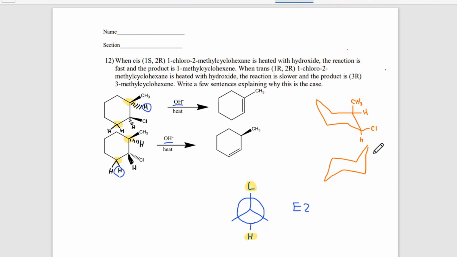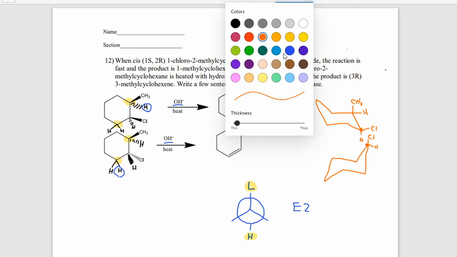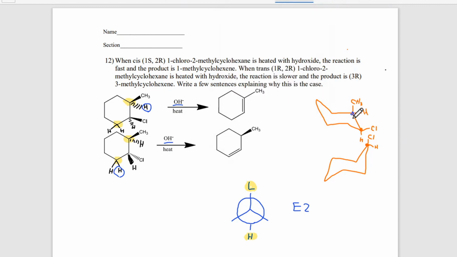It would not work. Instead, you have to flip this upwards, and if this carbon flips up to this position, this chlorine is now going straight up, and the hydrogen's going down here. But the other one, which I'm going to mark in a different color, is actually now this carbon.